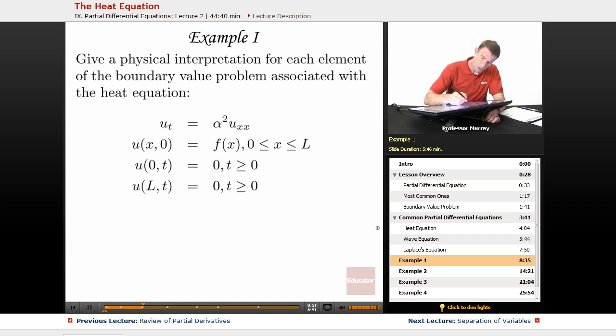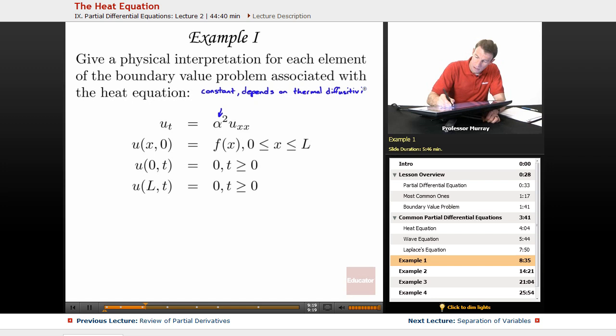So let me show you how to interpret each of these. I told you that alpha squared is a constant that depends on how easily the material in the rod conducts heat, so it depends on the thermal diffusivity of the rod.